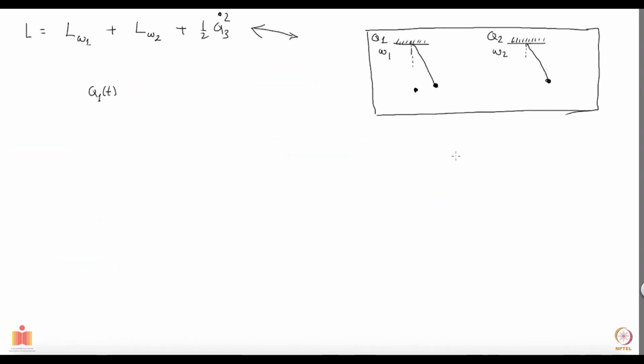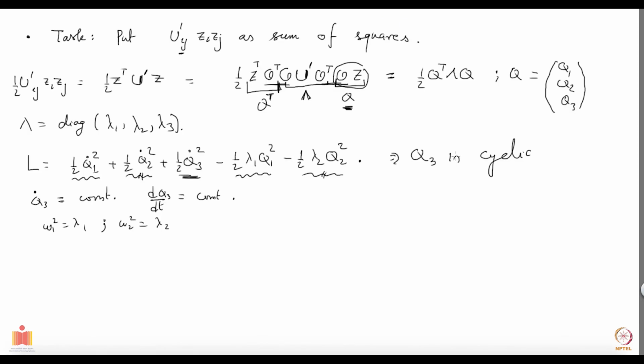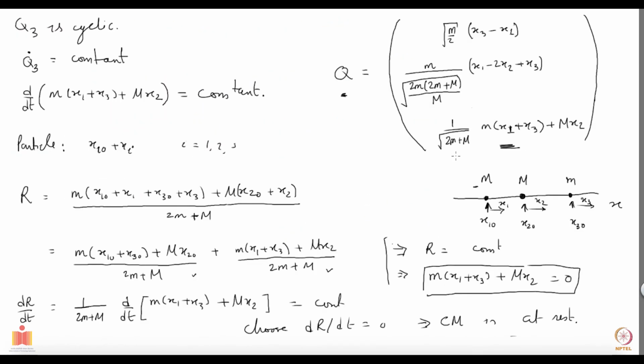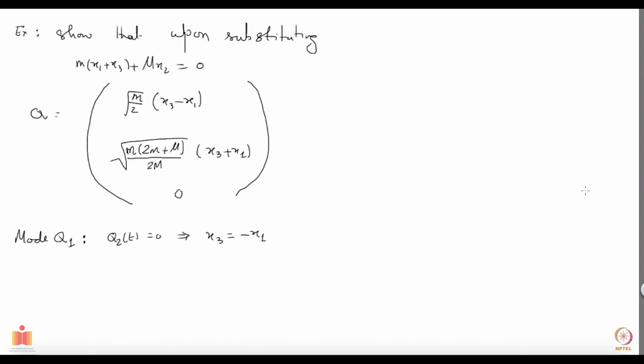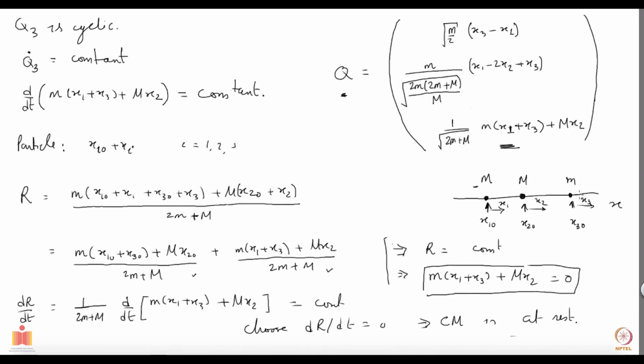Yeah, here. So it means that x1 and x3 are opposite to each other, right? You see here, x3 is equal to minus x1. So if x3 goes in this direction by some amount, then x1 goes in the opposite direction by the same amount.